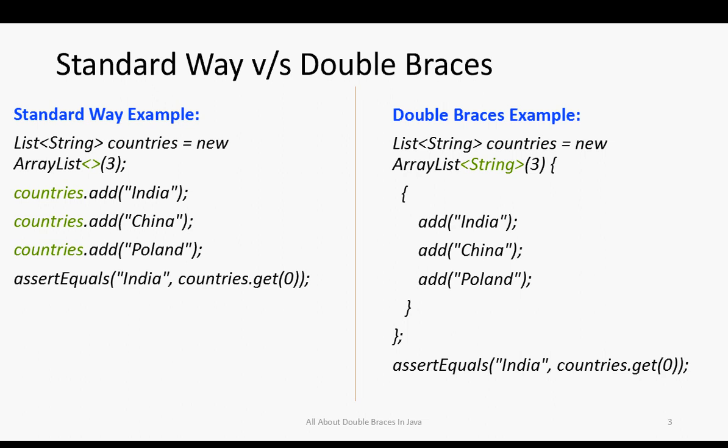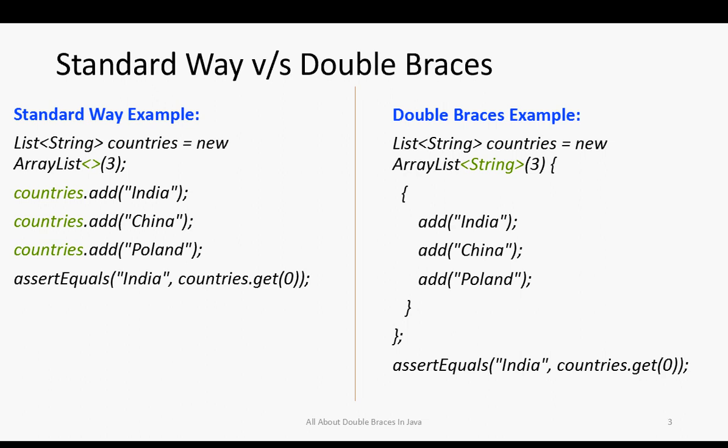This anonymous class is where we have provided the initialization block, where we are calling the add method on the ArrayList. So instead of calling countries.add, we are calling the add method using inheritance, and we are calling the add method of the ArrayList for adding 3 different countries with 3 different statements.